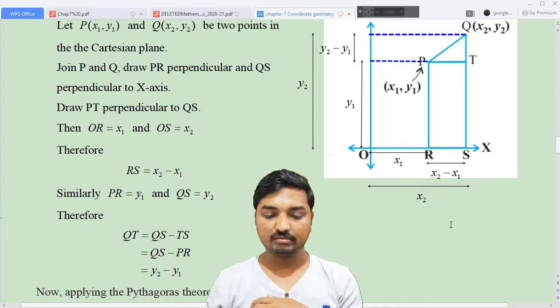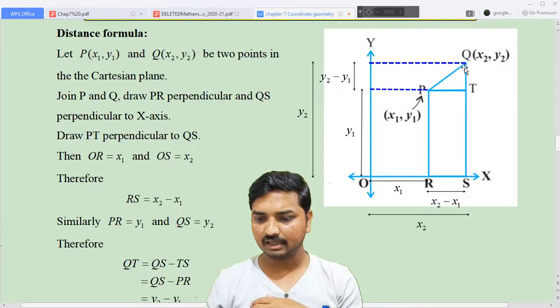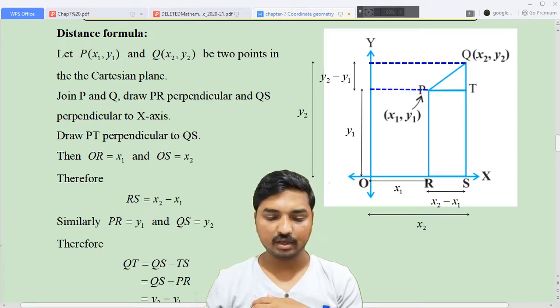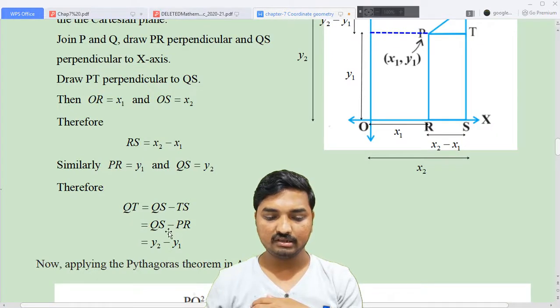QT is equal to QS minus TS. I have written it like this. TS and PR are one and the same. TS, PR and the distance from here to here are all the same, equal to y1. So I have written TS is the same as PR.